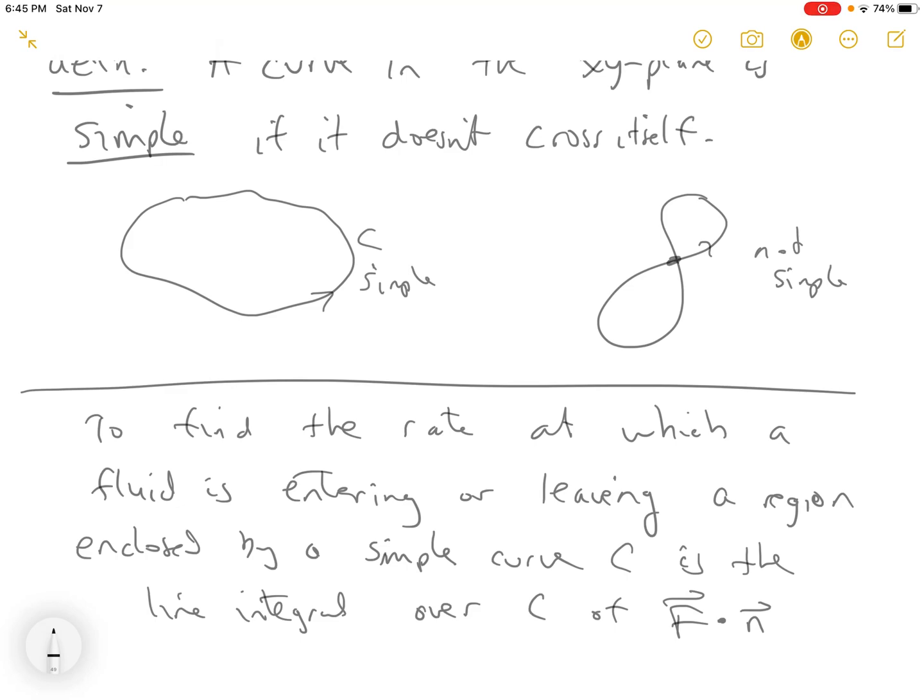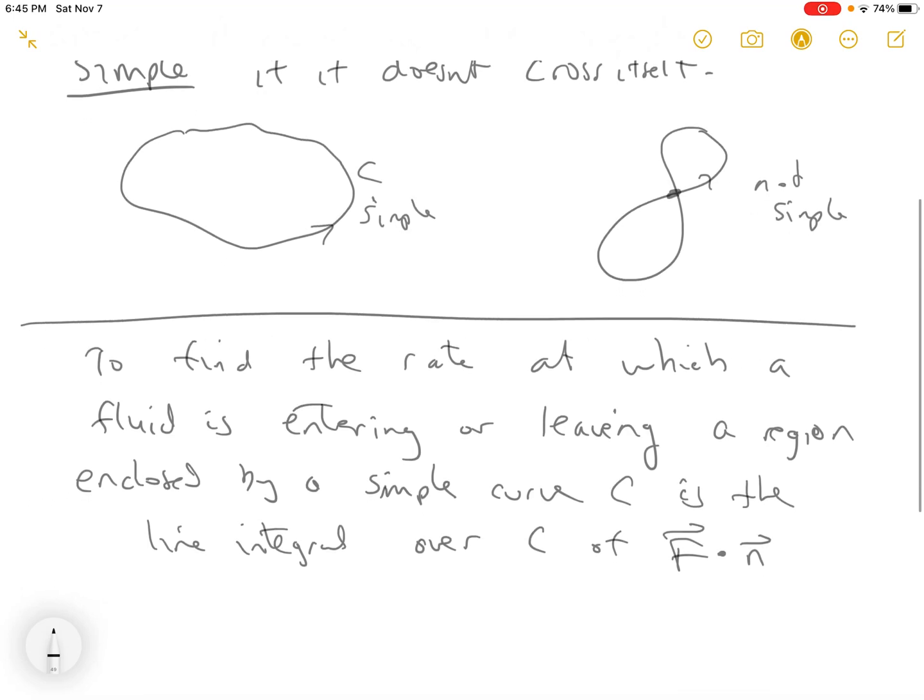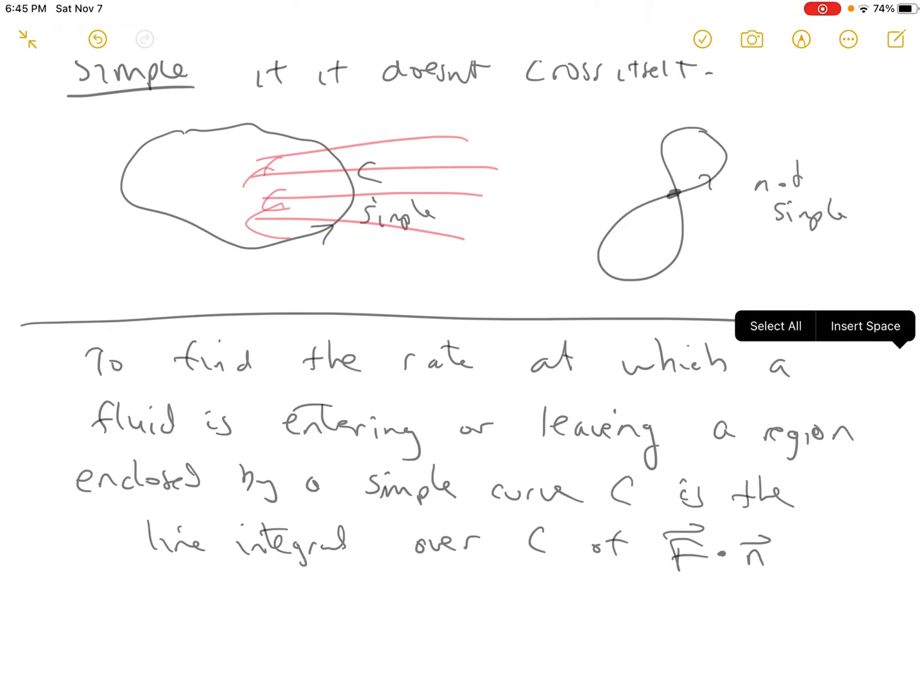So the tangent before gave us direction along a curve and made sense because you're looking at work, but now we're looking at something flowing over this simple curve, and the rate at which it's going in or coming out depends on something orthogonal to the curve, right? Because a unit normal here is going to stick out like this, right?